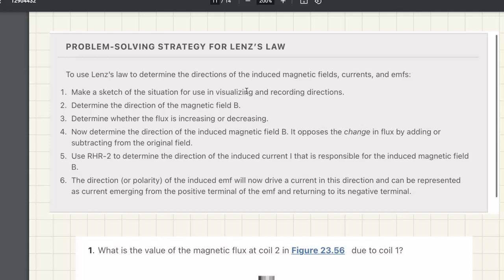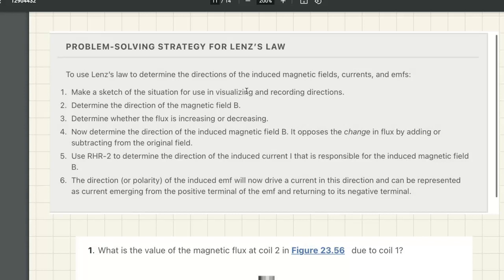This is the problem solving strategy for Lenz's law. We use Lenz's law to determine the directions of the induced magnetic fields, currents, and EMFs. Make a sketch of the situation to visualize and record directions. Determine the direction of the magnetic field, which is the original. Determine whether the flux is increasing or decreasing.